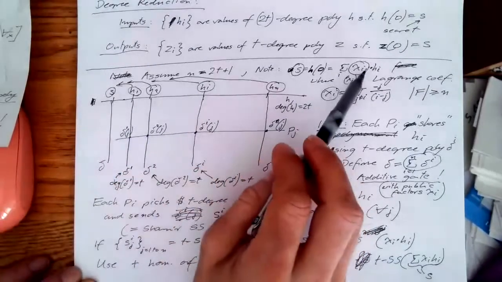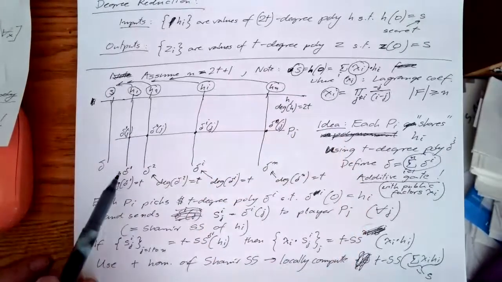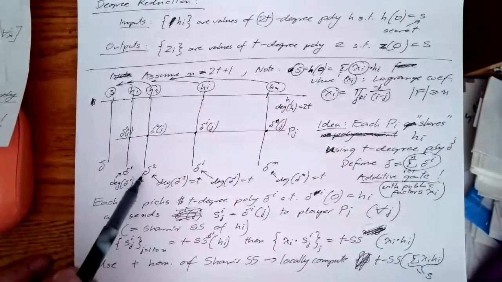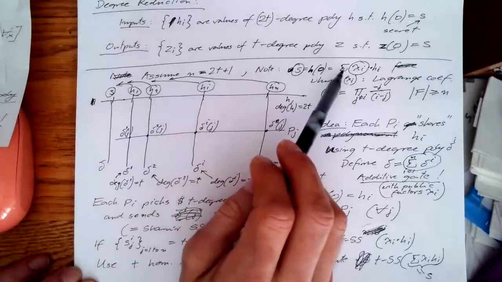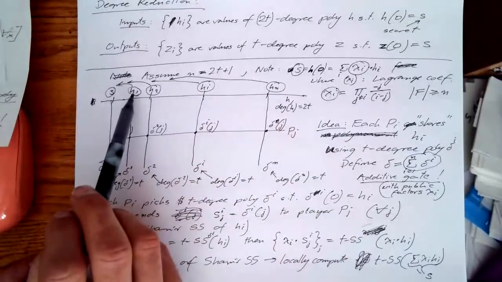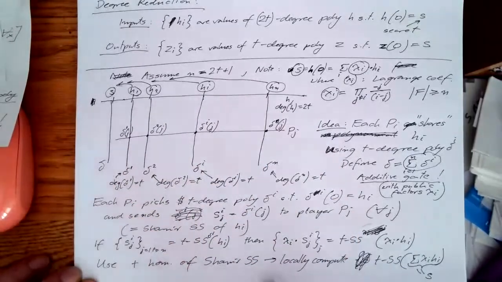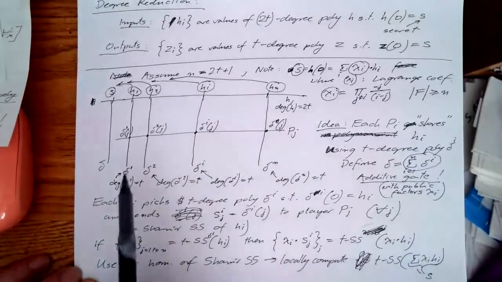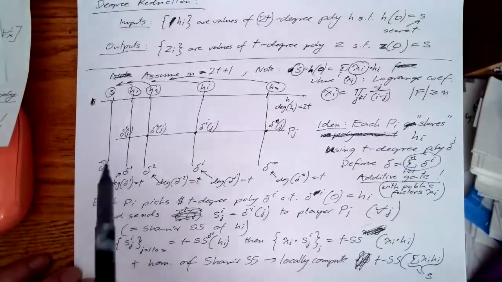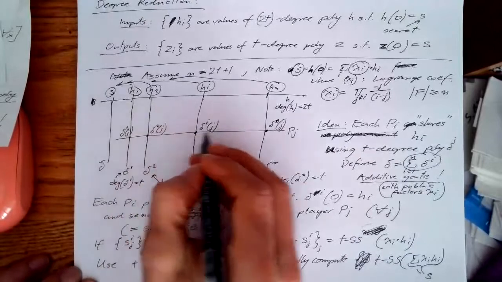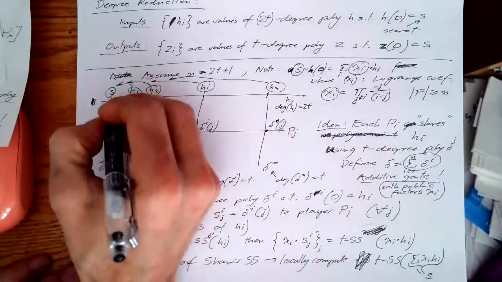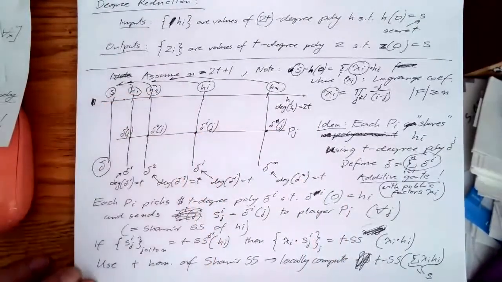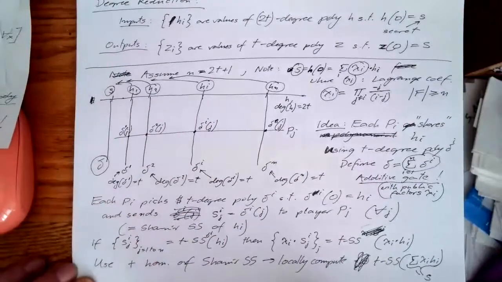So the lambda I HI values are all secret shared. Since this secret is just a summation of these lambda I HI values, we use additive homomorphism to locally compute, simply add all these shares, and this will give us a sharing of the target polynomial.